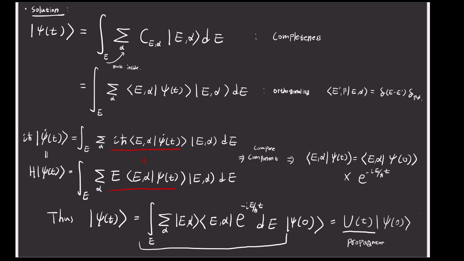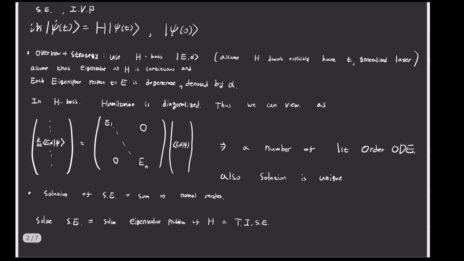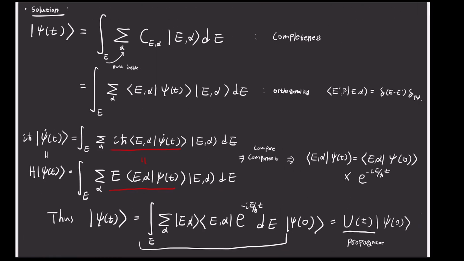So this is a first order equation like our overview, and we get each component solution. And if we reunite, we get this. This is the solution of the Schrodinger equation.